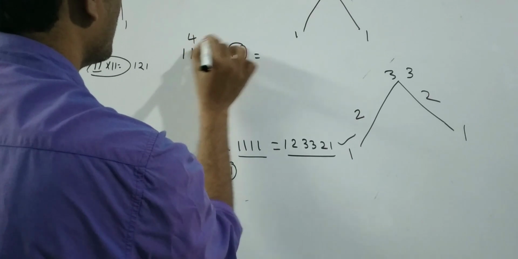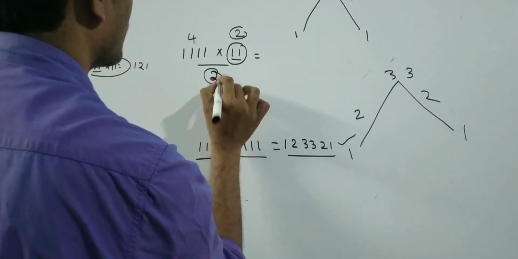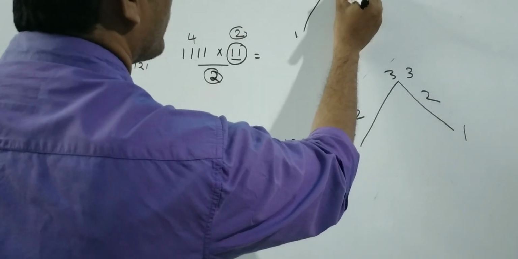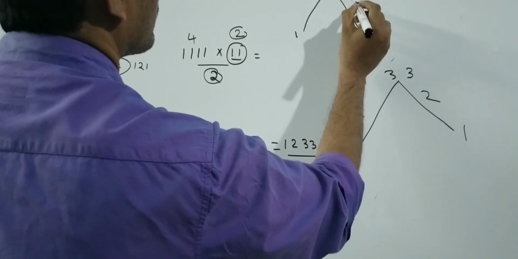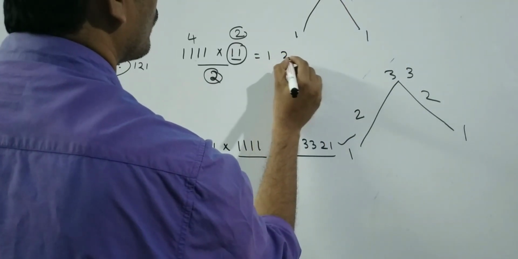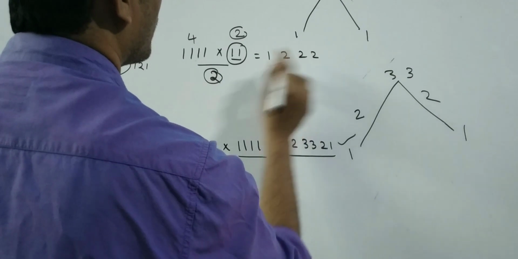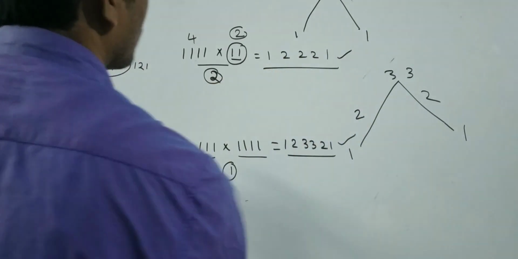So 2 times we have to write the 2. Again 1, 2, then 2 times 2 because the difference is 2. Then 1. This is the answer.